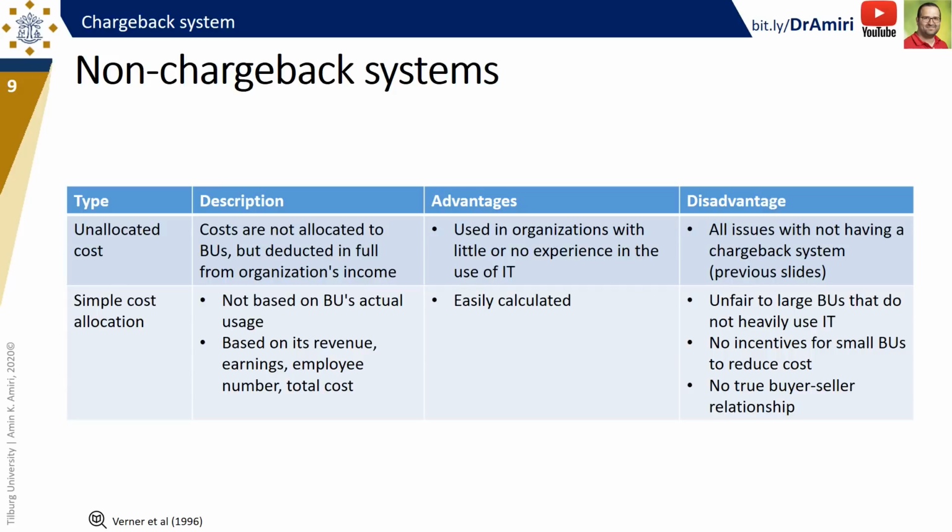So if a computer is bought and is being used at the university, we don't know the cost of this computer is incurred by which school. We just know that 100 euros is spent at the university level.